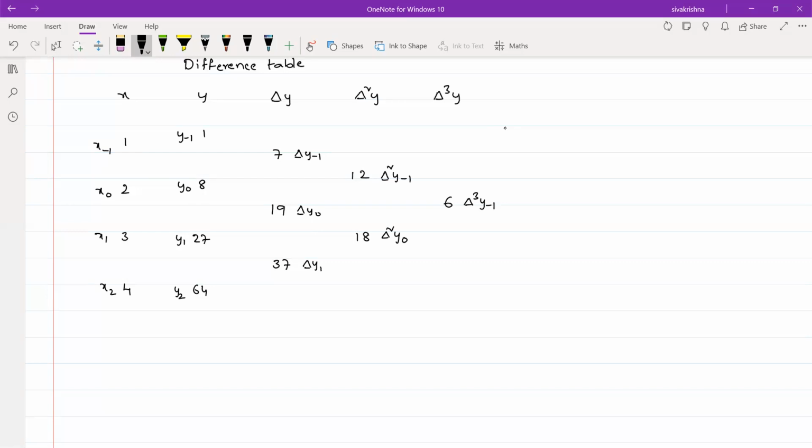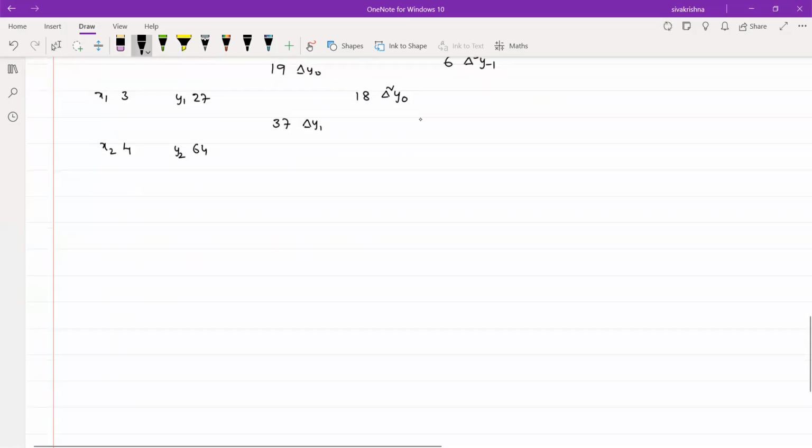Okay. So now we have to write the Gauss forward interpolation formula.